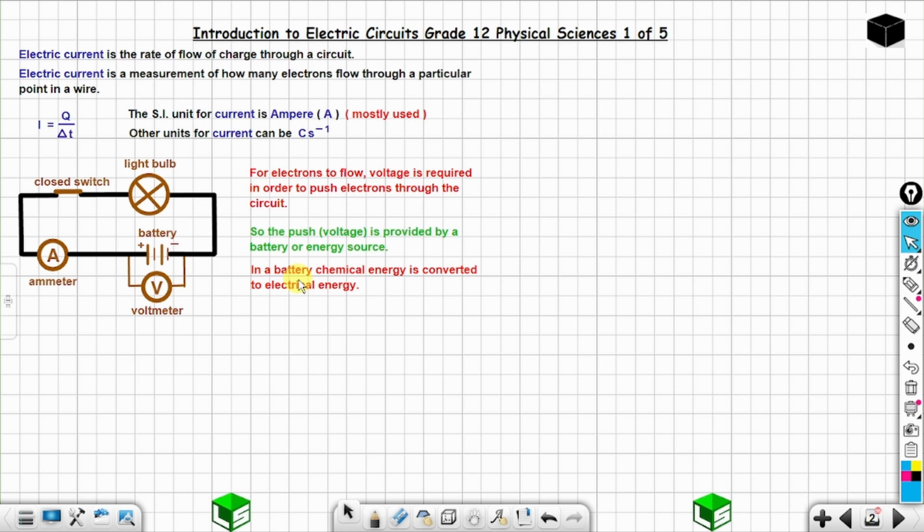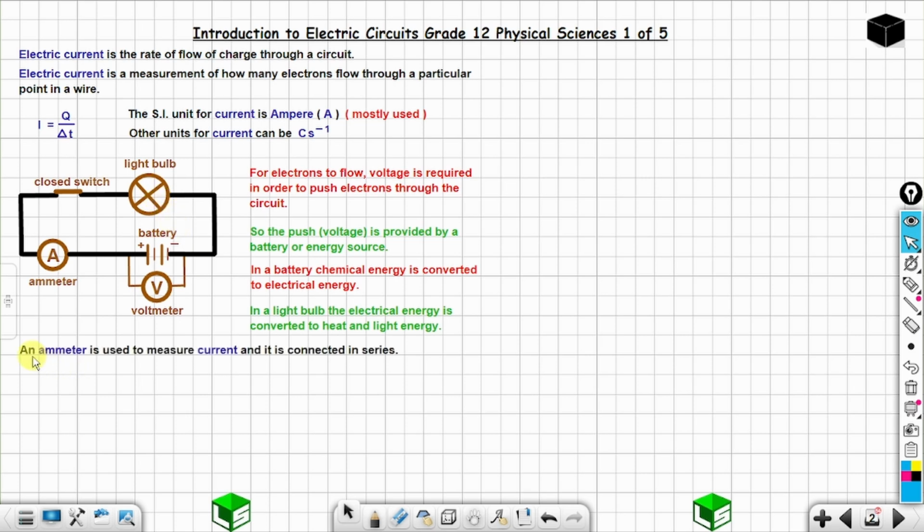In a light bulb, the electrical energy is converted to heat and light energy. So you have light when the switch is closed, and the light bulb is hot. If you get close to the light bulb, you are going to feel that it is hot.